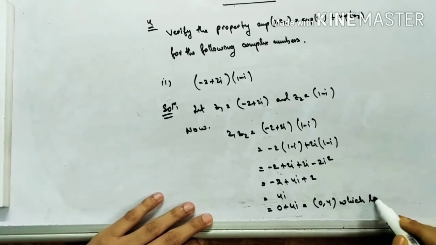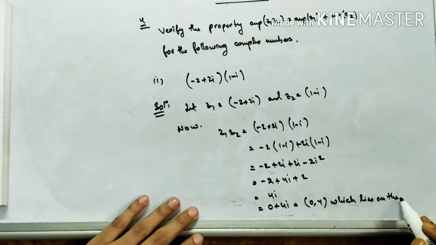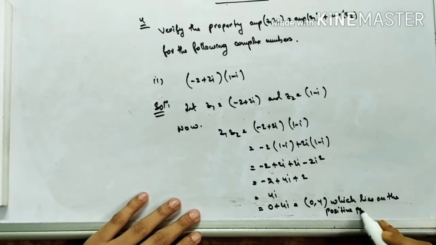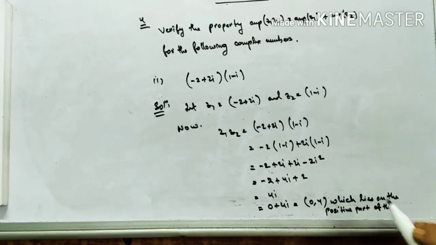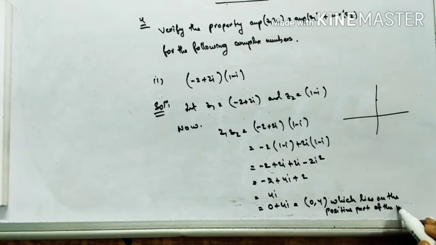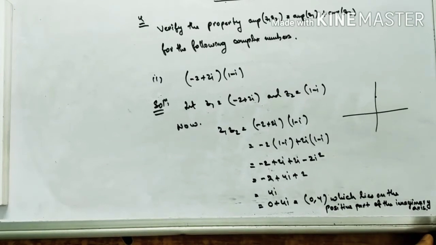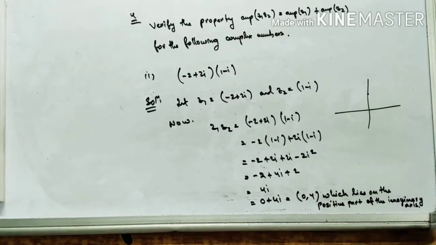This point 0 comma 4 lies on the positive part of the imaginary axis.